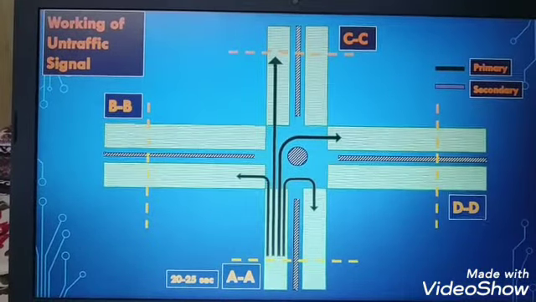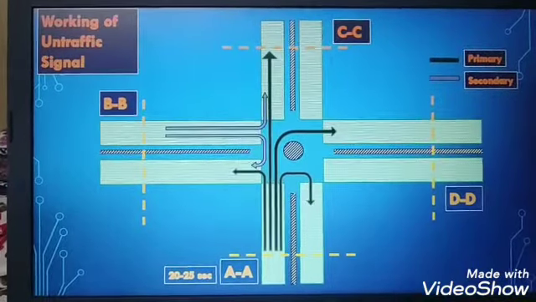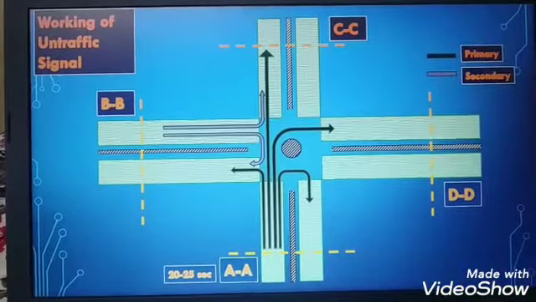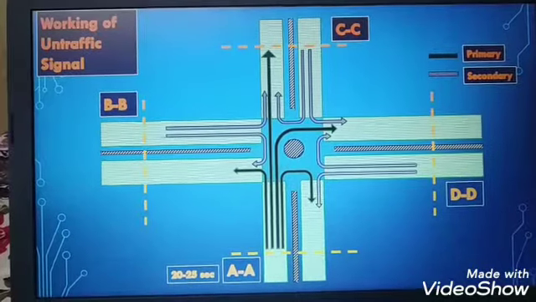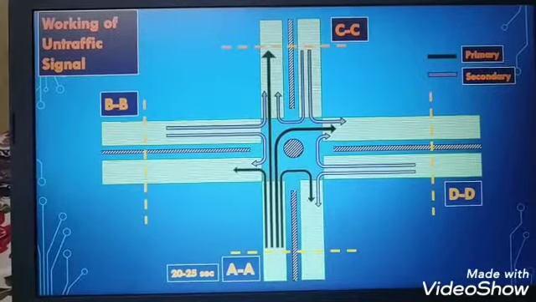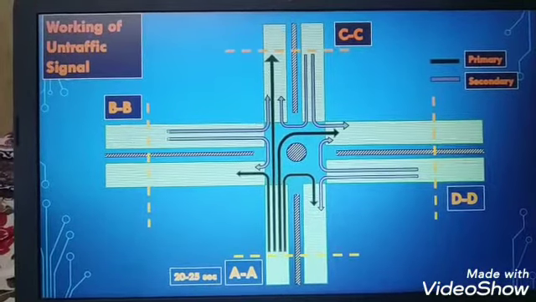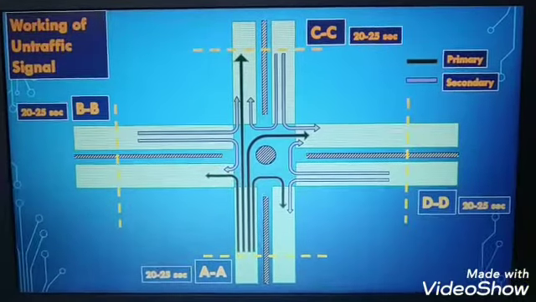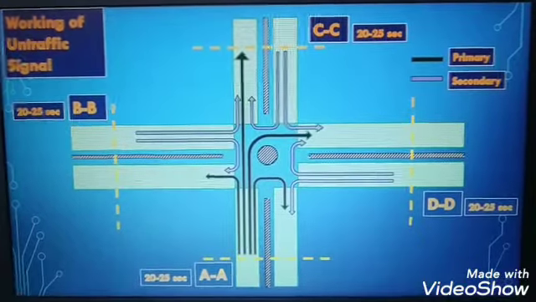Along with that, we can have gray arrows showing the secondary movement for the other lanes, BB, CC and DD, while AA is enjoying the privilege of being primary. As you can see, no arrows are obstructing each other's movements.